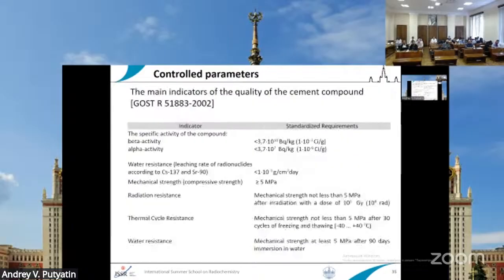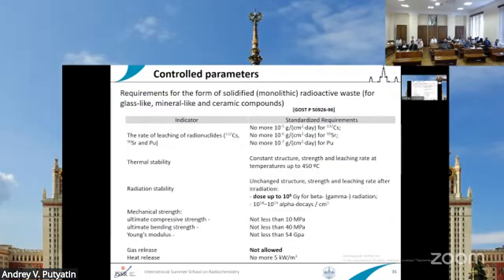You see, if we compare the leaching rate, for cement compounds it's less than 10 to minus 3 gram per square centimeter per day. And for high-level waste, it is less than 10 to minus 5, and for cesium 10 to minus 6, for strontium 10 to minus 7 for plutonium.